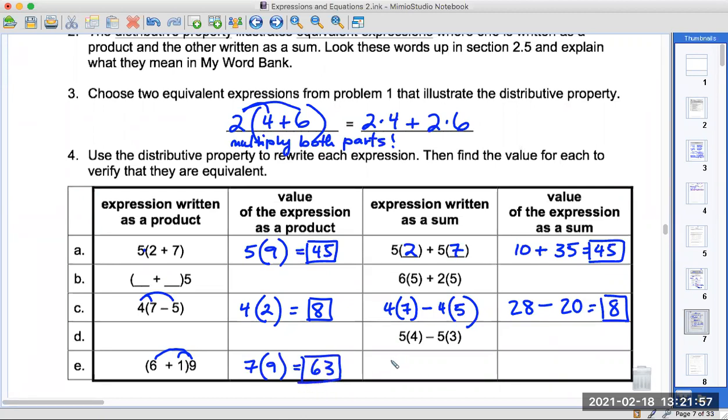And as a sum, we have 6 times 9 plus 1 times 9, because I'm distributing it. Think of distributing like a distributing center that has trucks leaving and coming, distributing the goods to all the Walmart stores. Distribute. 6 times 9 is 54, plus 1 times 9 is 9, and that is 63.